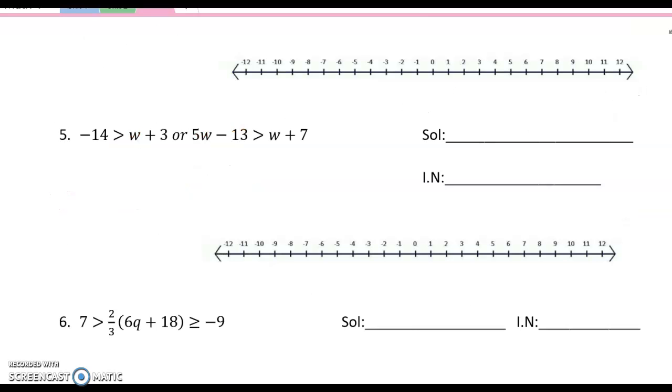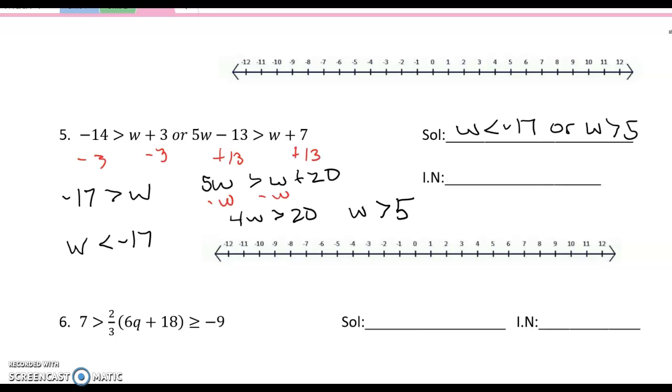All right, skip over to number 5 for one more try at the compound or. Let's see what you get. When you solve the one on the left, we got w is less than -17. And the one on the right, w is greater than 5.